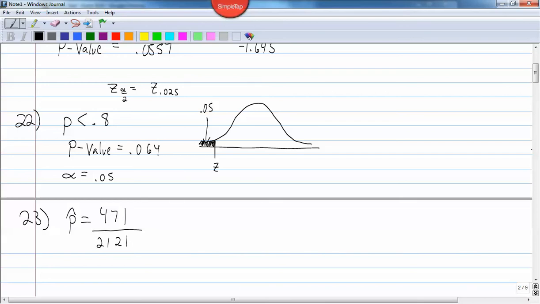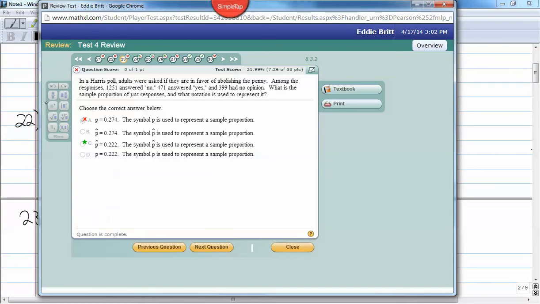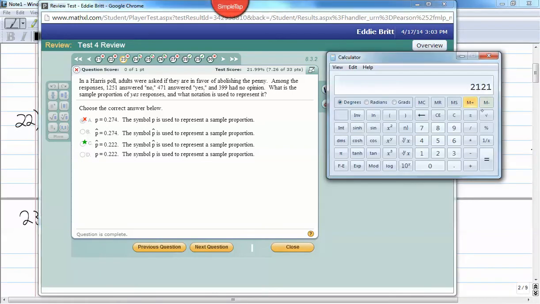If I had to guess, they probably want a decimal on that one. Well, actually, it's given to us, so we don't have to calculate it. Let's see which one of these it is. Let's take our calculator and we want to say 471 divided by 2121. Alright, and looks like they round to 3 places. So if you round right here, that will be 0.222.